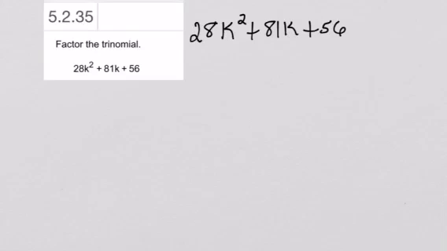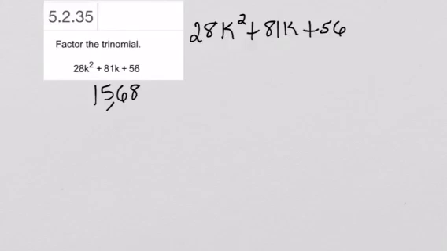Remember, anytime you have a number in front of the k squared, you can't just write out your two binomials right away. First thing we want to do is multiply here. So 28 times 56 gives me 1,568. So kind of a large number here.